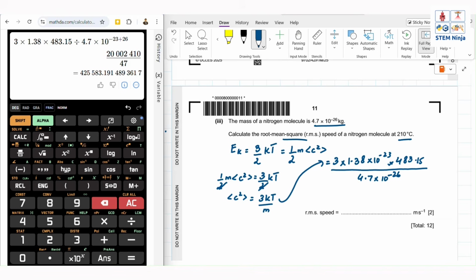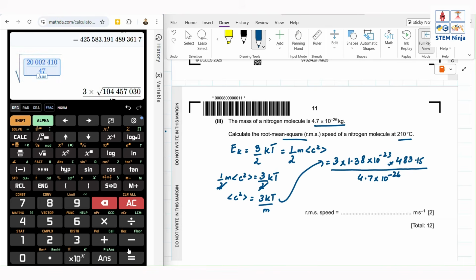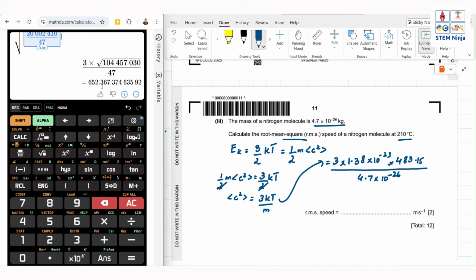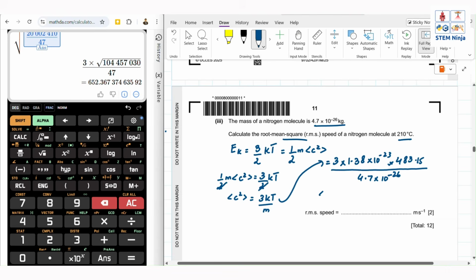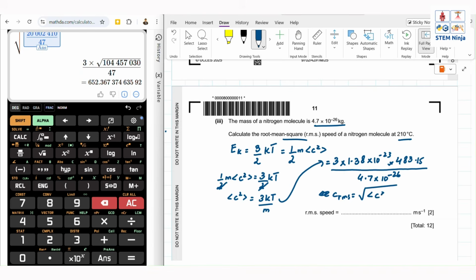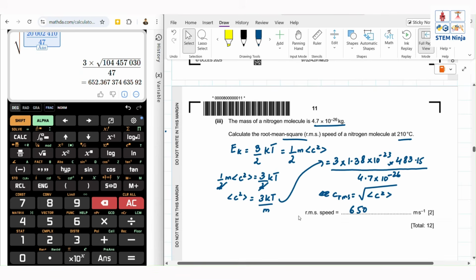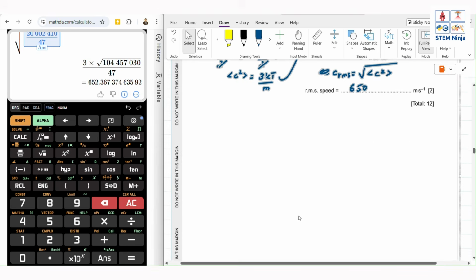So we just need to square root this. We get 652 or 650. Sorry, c rms is equal to the square root of mean squared speed. This would come out to be 650. Okay. Yeah.